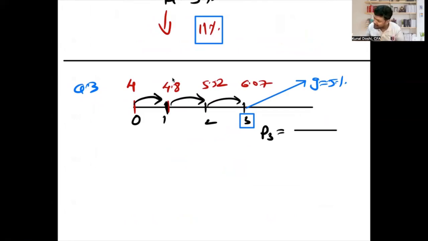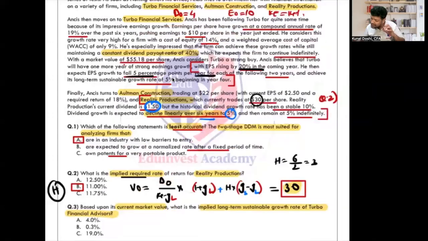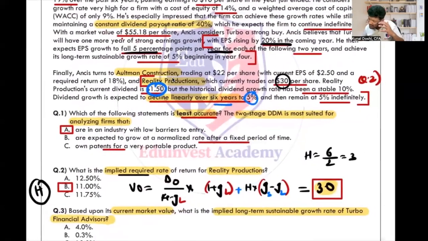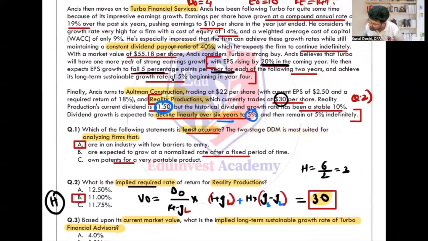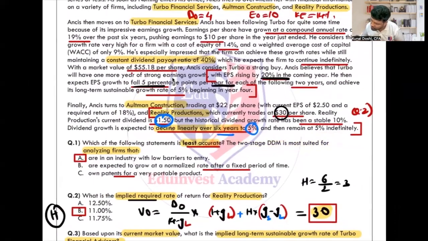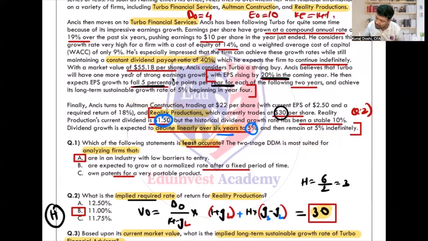So I already have my D3, correct? Into 1.05. But guys, actually it is not 5%. They have asked us what the long-term growth rate is going to be. Actually, they gave us that the growth rate they are expecting remains at 5% indefinitely. But that is my mistake for Reality. For Turbo, the long-term sustainable growth rate of 5% beginning year 4, they have mentioned.